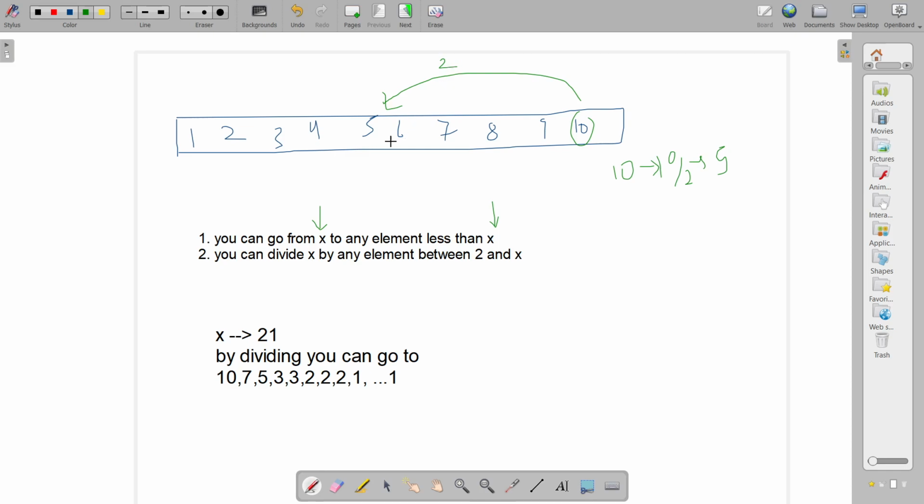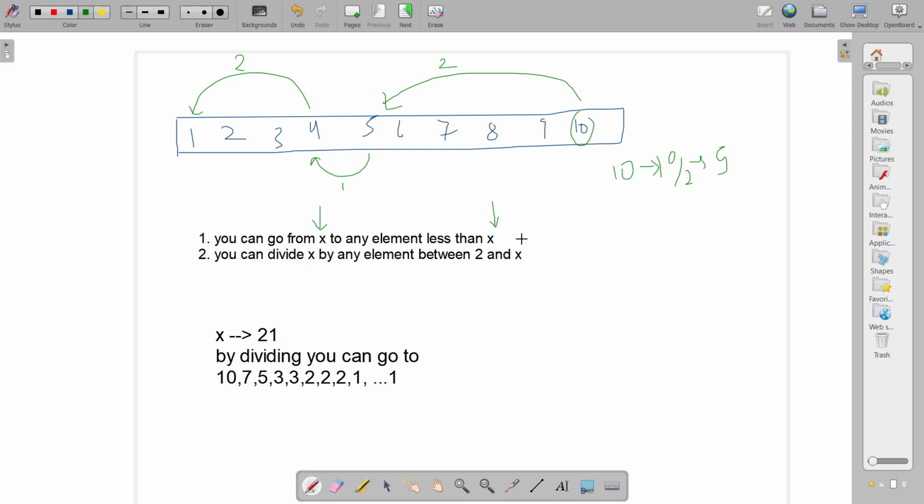This is the type 2 operation. Then I can subtract 1, which is a type 1 operation. Then I can again divide by, let's say, 3. Then I divide by 3, which is a type 2 operation, and I reach 1. So you can have division as well as subtraction in one particular series of moves.